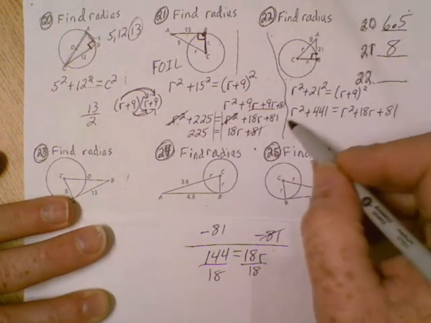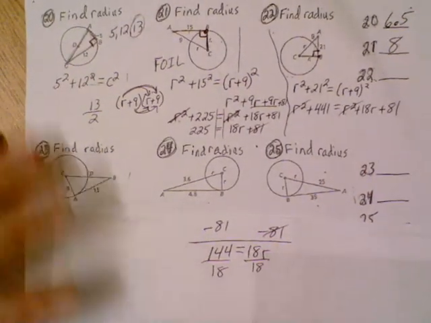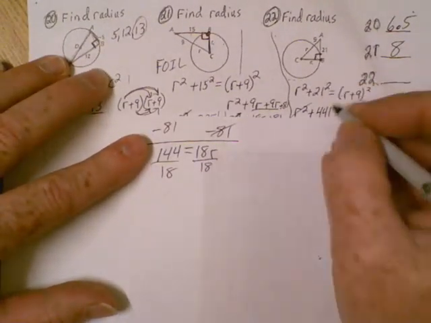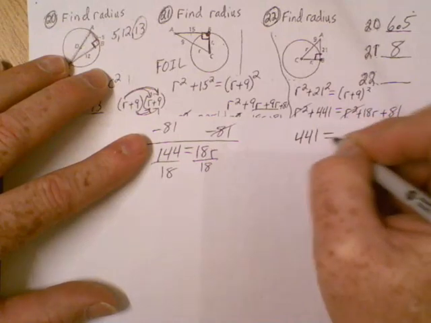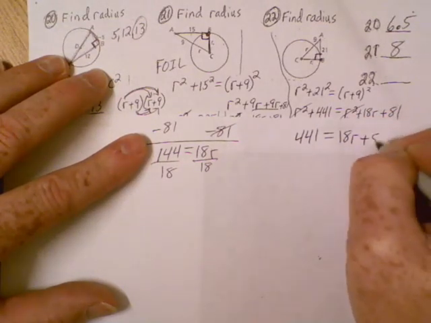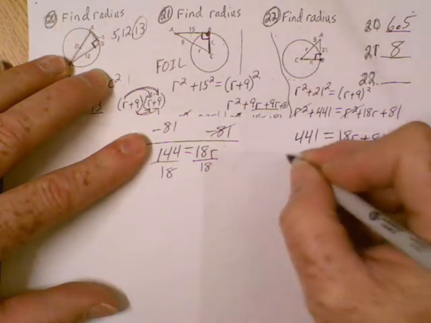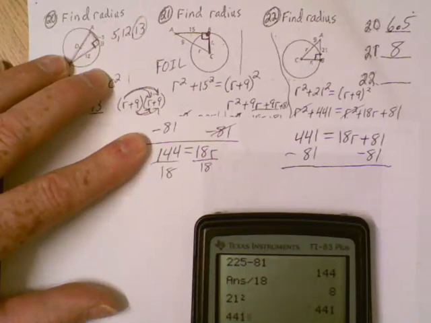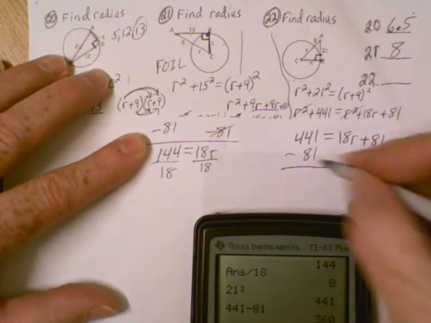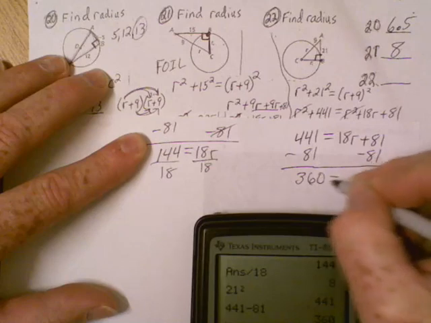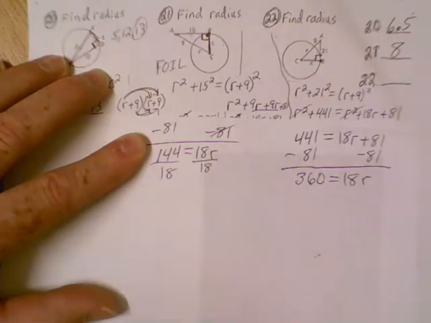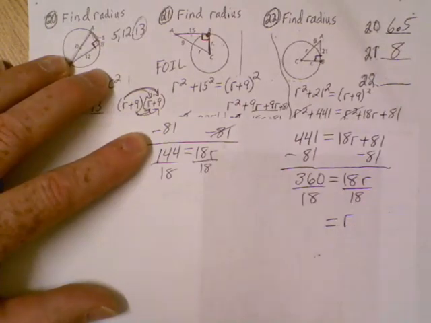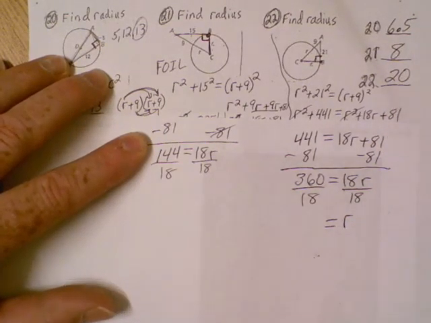Again, the r squareds are just going to cancel out, and you're left with 441 equals 18r plus 81. Subtract 81 on both sides. 441 minus 81 gives me 360. That equals 18r. Divide both sides by 18, you end up with r equals 20. So the radius in that case is 20.